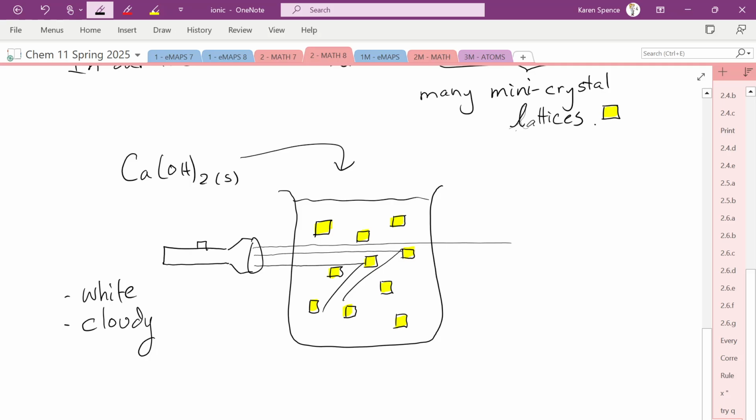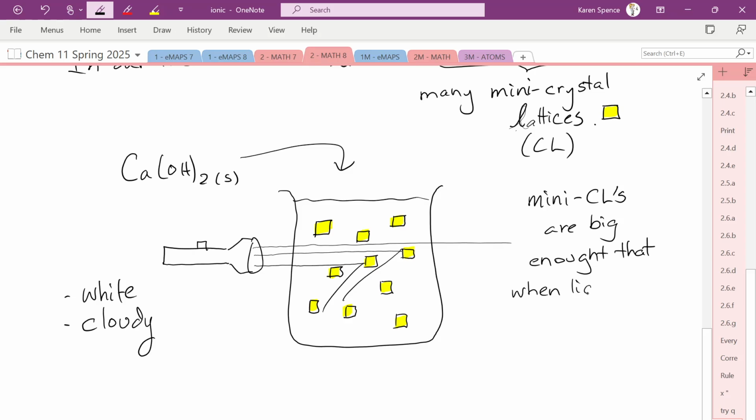The mini crystal lattices are big enough that they will scatter the light. Can I just call them mini CLs? Crystal lattice, CL. The mini crystal lattices are big enough that when light hits them, it bounces off.